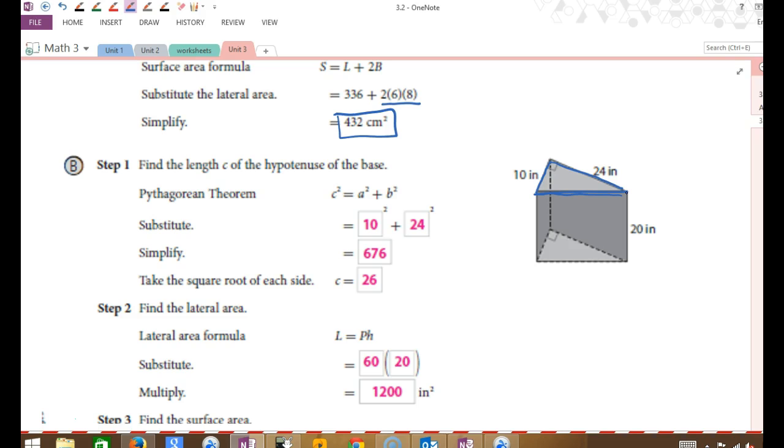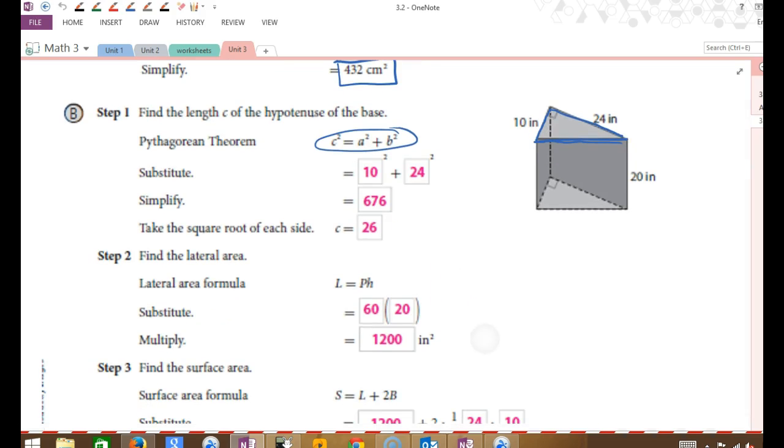So what's the formula you use to find the third side of a right triangle? Okay, so Pythagoras theorem. Okay, so that's them going through and finding that third side. Everybody okay with doing Pythagoras theorem? I hope. Okay, so you get 26.